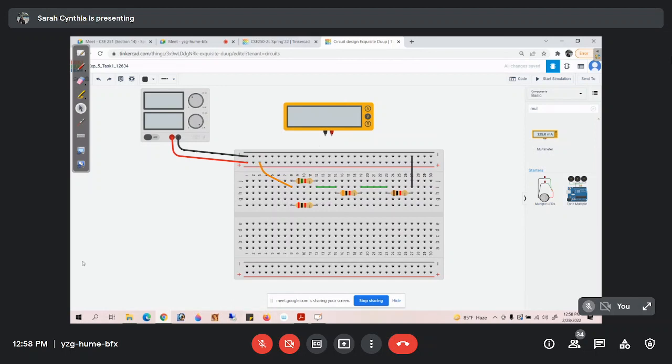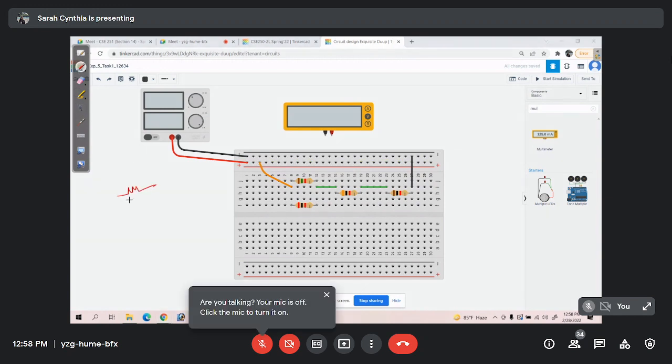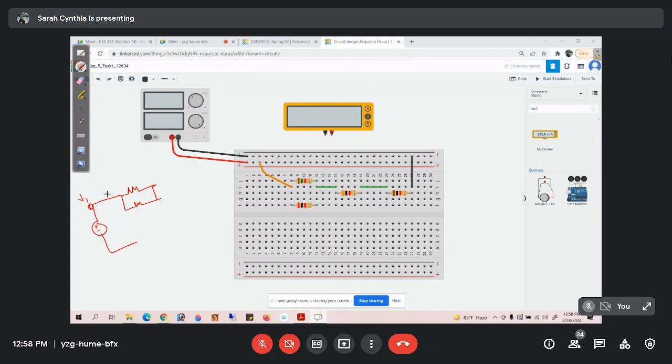Acha, so what do we have to do? Let me draw the circuit here again. So this was our circuit, right? I said that this particular node has voltage V1, so I have to calculate the voltage V1.